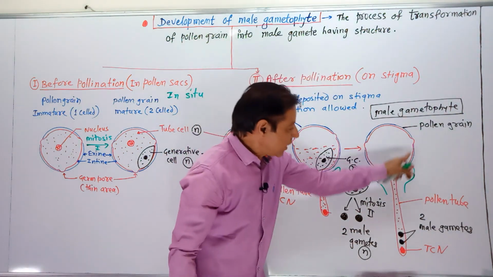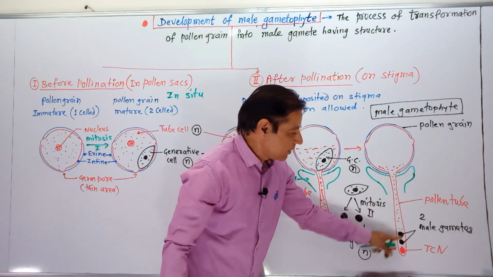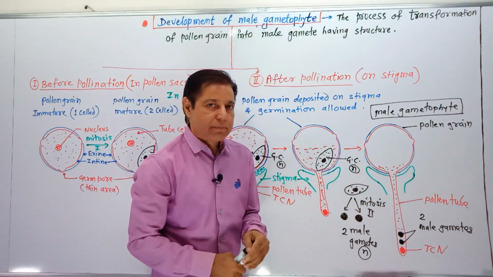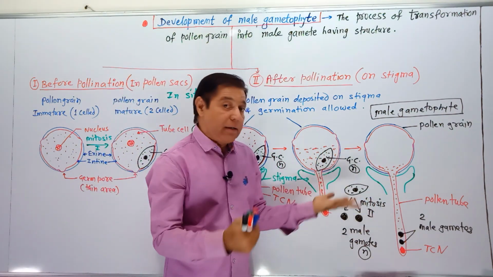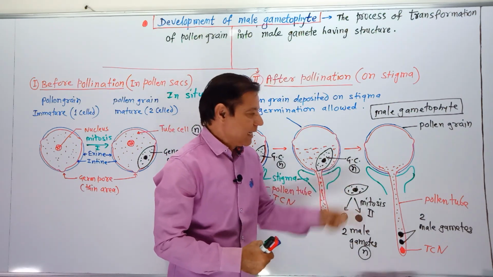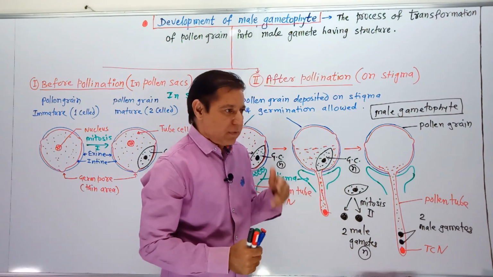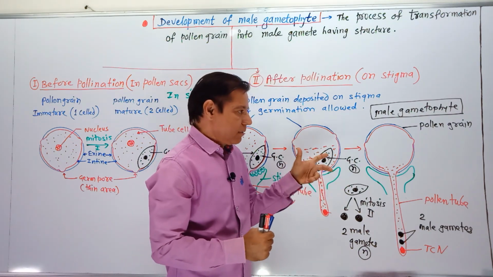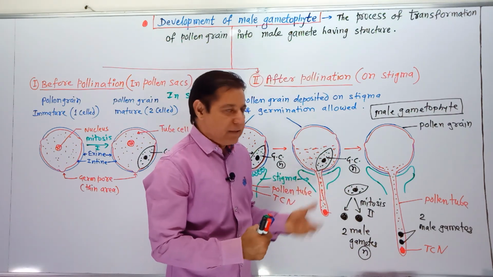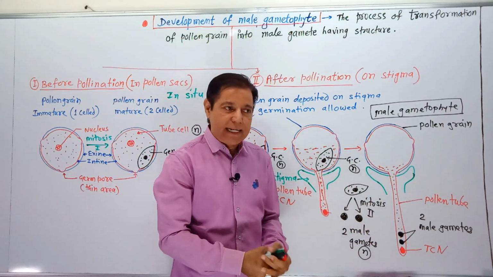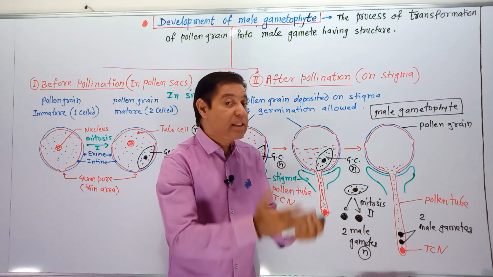Because the structure contains two male gametes, and it is very small. It is an independent structure, but the male gametophyte is very small. It is difficult to observe with the naked eye, and it is non-green. That is why it depends upon the sporophyte, the main plant body.